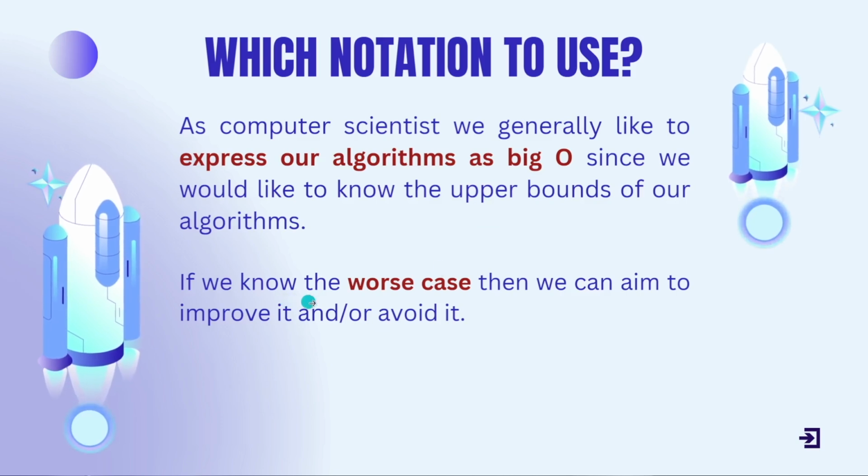We are much interested in knowing the worst case because only then will we look at ways of improving our algorithm and try to make our algorithm the best. So, whenever we develop an algorithm, we normally measure the number of primitive steps that are part of an algorithm and express the same using big O notation.